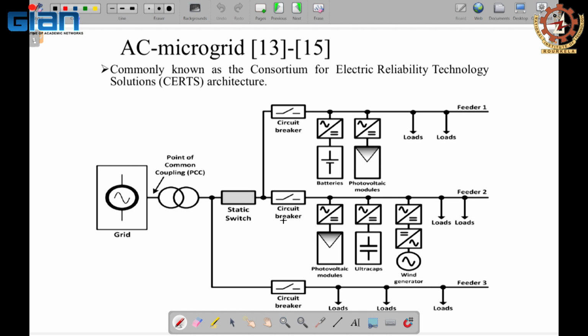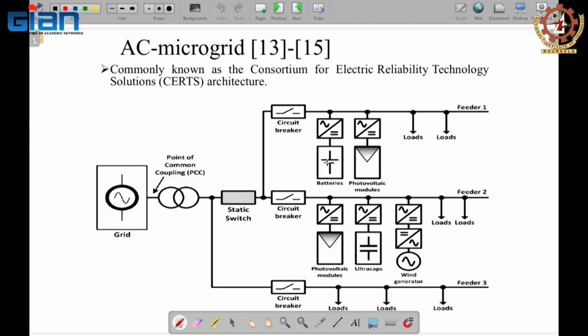So here you can see these feeders in this AC microgrid are AC feeders. With these feeders, you will be connecting the micro source generations, like wind system and photovoltaic system.